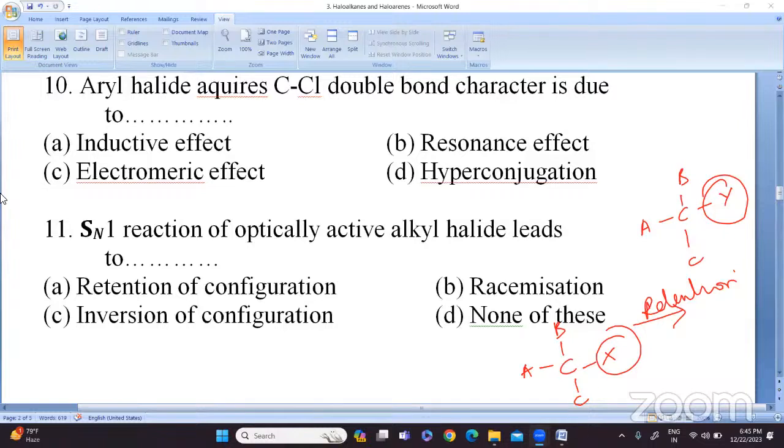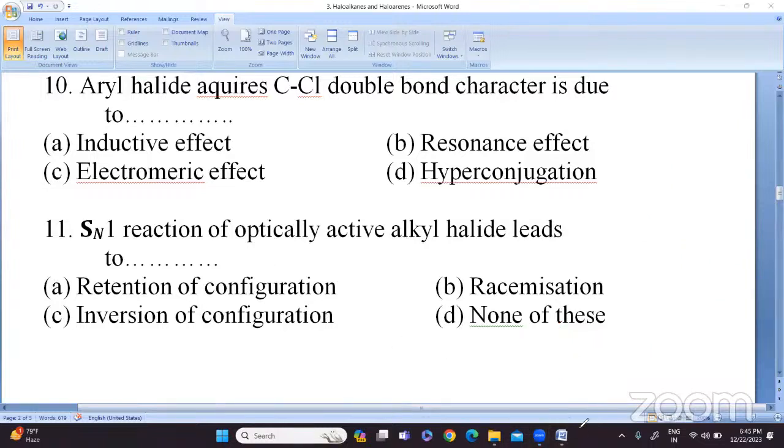Next is inversion. What do you mean by inversion? Inversion means there will be breaking of a bond. Suppose I take a carbon with A, B, C, and X. When this undergoes a reaction, it changes like this.